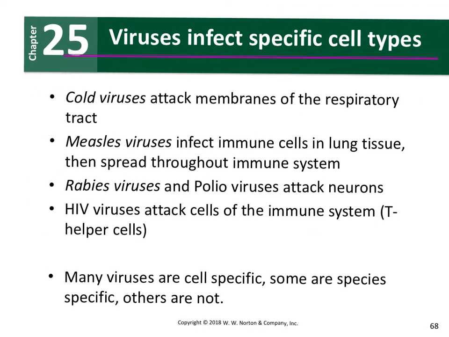So cold viruses attack membranes of the respiratory system. Measles infects respiratory cells as well as immune cells in lung tissue, including dendritic cells and macrophages. Rabies viruses and polioviruses: well, rabies viruses attack neurons and then cause behavior to help them transmit it.